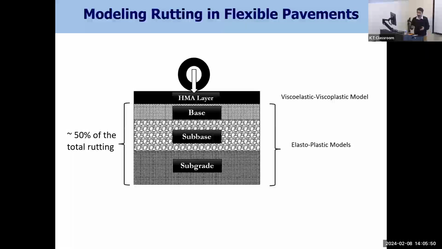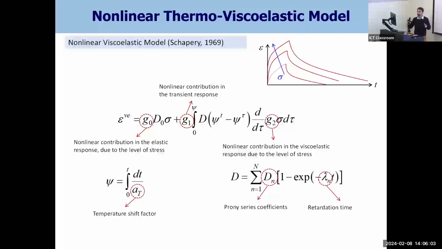To account for that, we look at a viscoplastic model for the asphalt, and we look at an elastoplastic model for the base, subbase, and subgrade. I'm not going to go through a lot of formulations for viscoelastic. Most of you are familiar with it. This is just a nonlinear viscoelastic model by Schapery in 1969.